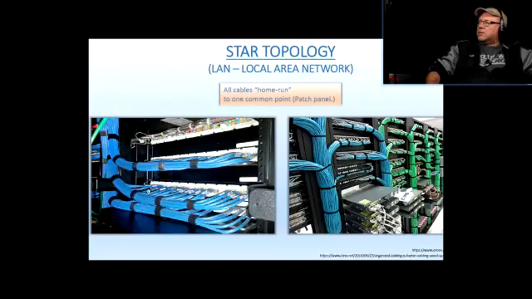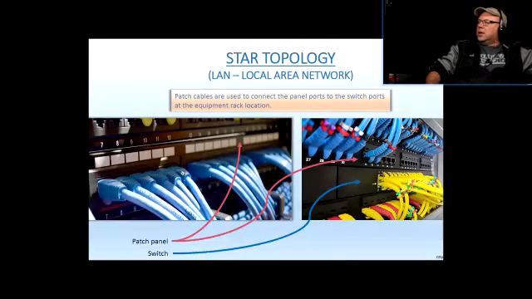And there are a lot of them because they all home run to the same central location, and we have to do something with them. So one-to-one, we are using patch cords or patch cables to connect every single port to whatever it needs to be connected to at the switch location, or a hub. But then you're going to watch that video and you're going to be able to tell the difference between a switch and a hub, all right?